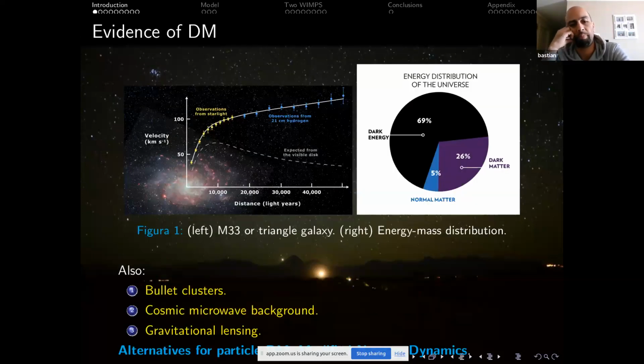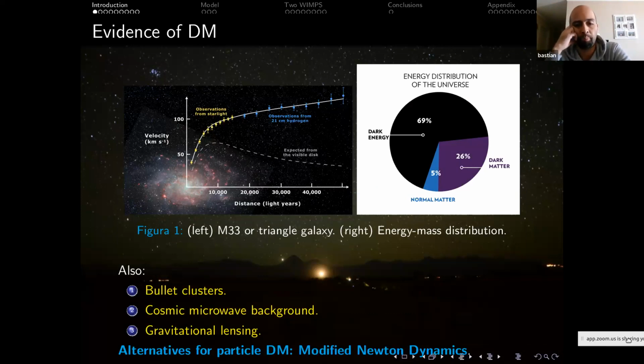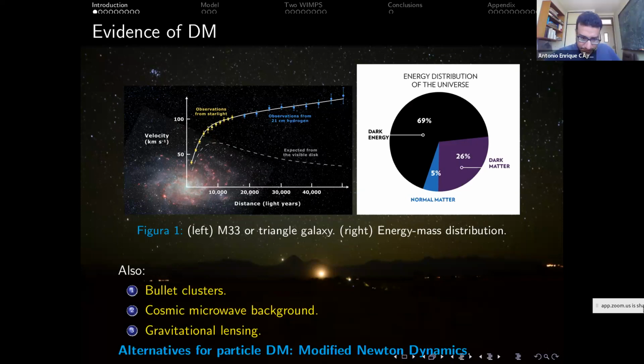So just a few words about this evidence. As you all know, there is a strong evidence that we need a new component, or we observe actually that we need some new kind of mass in the universe, or there is some energy that is not visible, that permeates the galaxies and the clusters of galaxies.